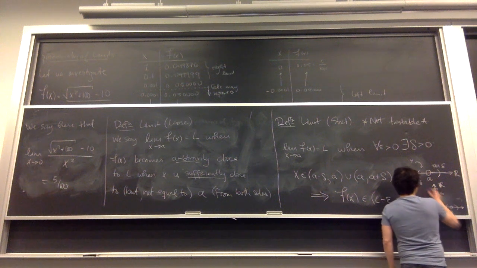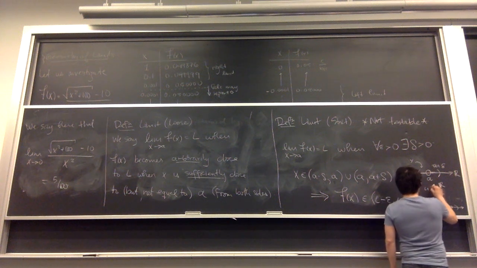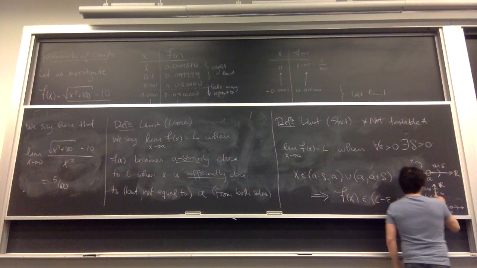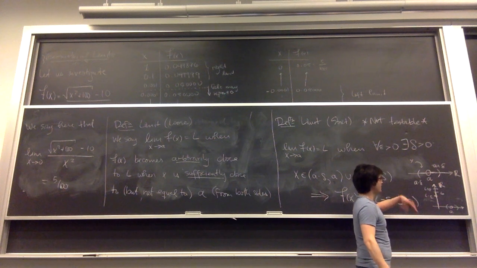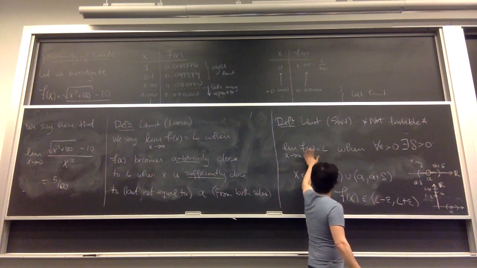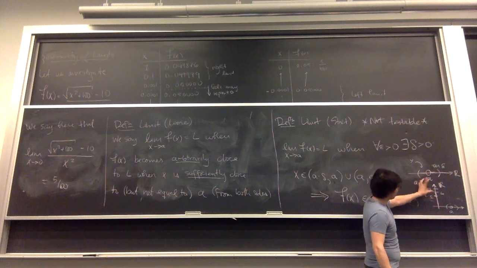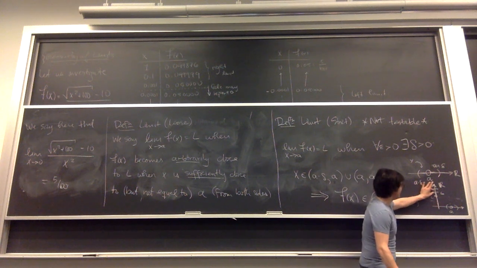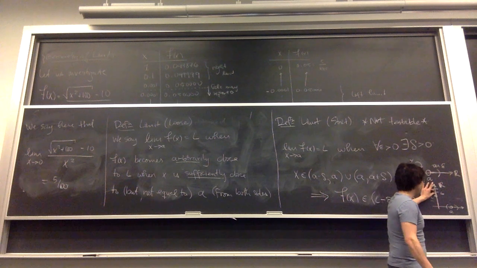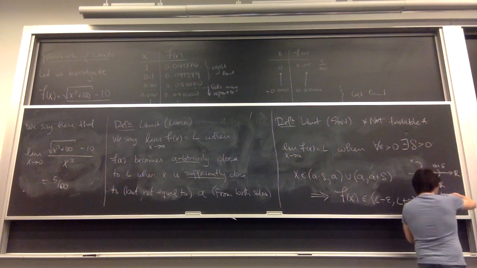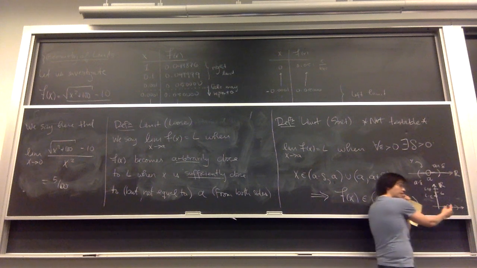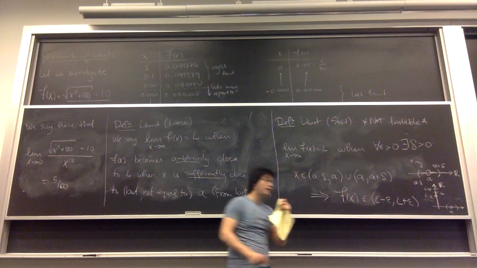So if this is L, you're going to have L plus epsilon here, L minus epsilon. So someone says, look, if you're claiming that the function's limit at A goes to L, then if I give you an arbitrarily tiny interval about the limit on the range, you should tell me what arbitrarily small interval you have on the domain.